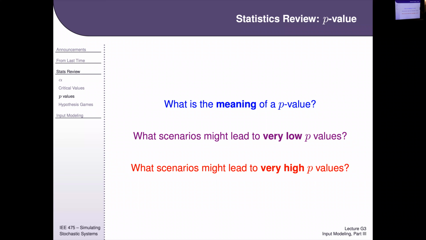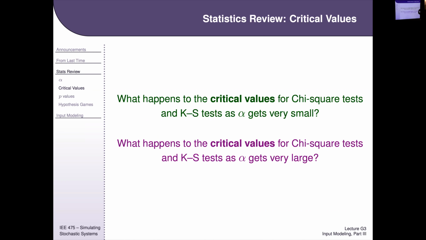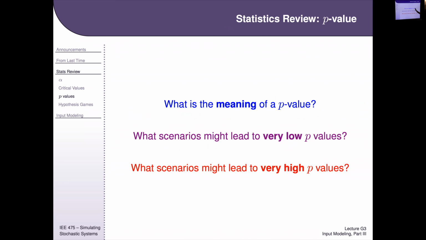If my p-value is less than alpha, then I'm guaranteed to have a type 1 error rate of no higher than alpha. So I can either compare the statistic to the critical value, or compare the p-value to alpha.